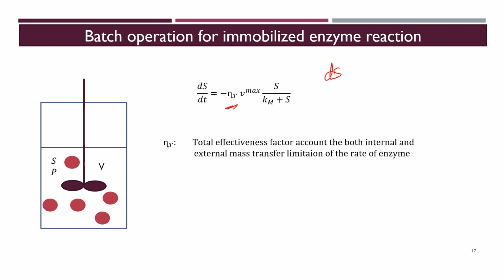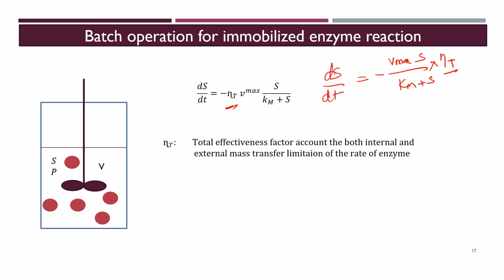Further, what happens if it is an immobilized enzyme? In that case, again you are going to apply similar kinetics. It becomes dS upon dt equals minus Vmax S upon Km plus S, and in addition we are going to apply an effectiveness factor, the total effectiveness factor of the enzyme immobilization.